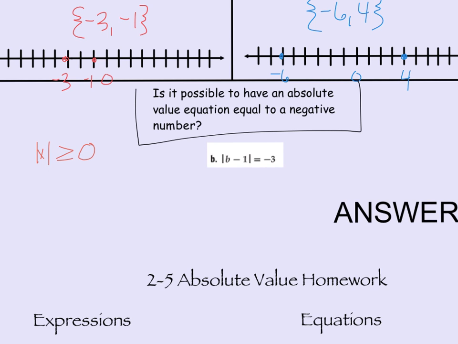It's never going to be less than 0. 0 is 0 units away from 0. Negatives are still a positive distance from 0 because distance we measure as positive. Absolute value is never negative. So what happens here is that there's no solution. Okay, so when you have it equal to a negative already before you take away absolute value, it is no solution because absolute value is always positive.